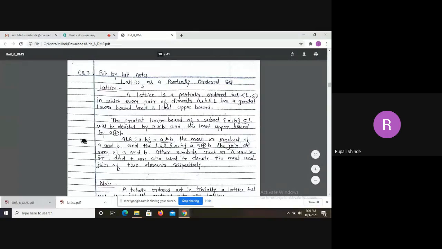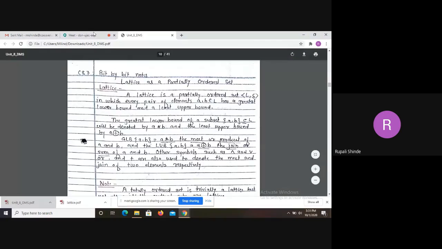Okay, so first of all we will see the definition for lattice. So here the point is given as lattice as partially ordered set or lattice as coset. So can anybody tell me what is coset? We have covered this point in unit number 4.